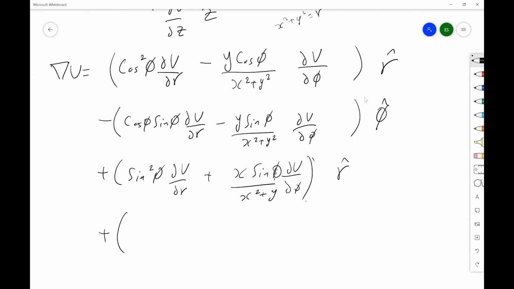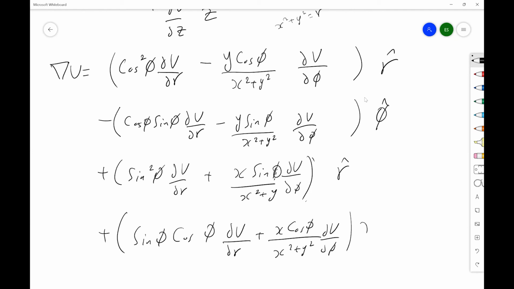And then plus finally sine phi cosine phi, just bracket multiplication, expansion, plus x cosine phi over x squared plus y squared du over d phi, phi hat plus du over dz z hat. And then let's see what simplifications we can do.